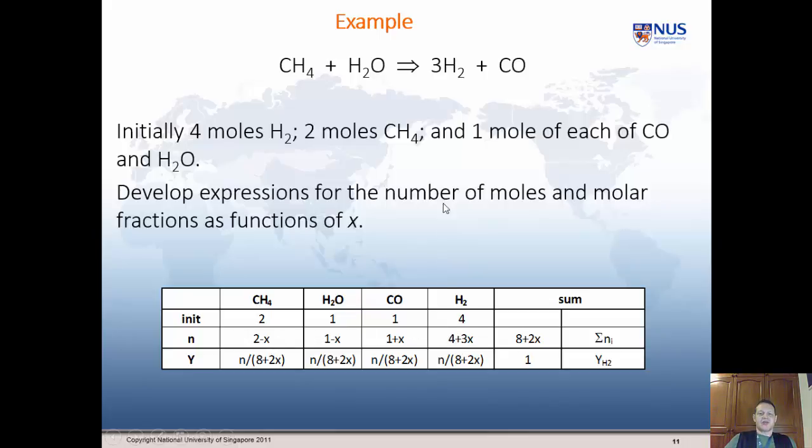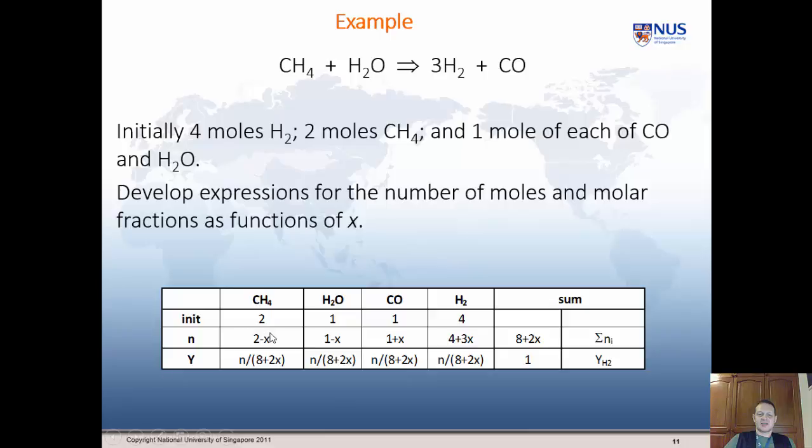And notice there you've got a stoichiometric coefficient of 3, so you clearly have to incorporate that into the relationship. The mole fraction, well, that's the number of moles divided by the total number of moles.